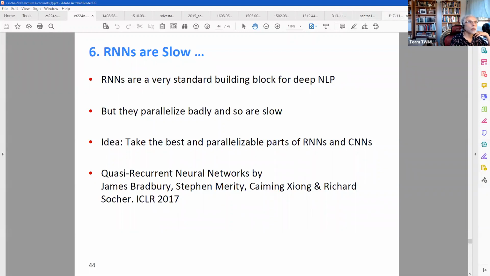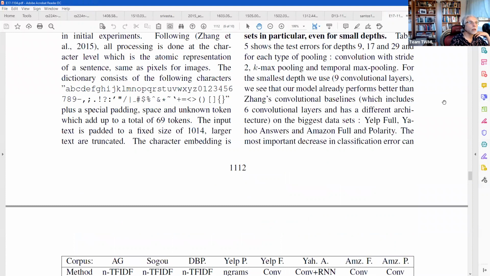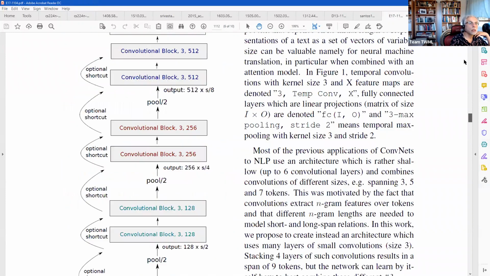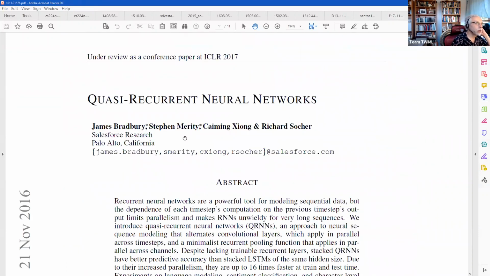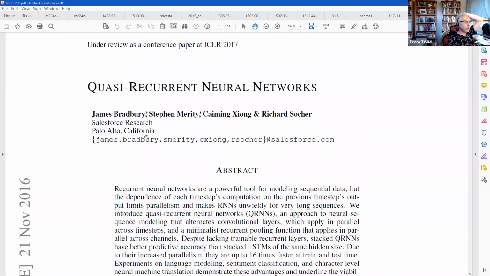Let's see, where were we? Okay, this is the deep network. So I arranged these in order that they were referenced. So here's the quasi-recurrent neural network paper. It's from 2016, more recent. These people are all at Salesforce, which is kind of interesting.